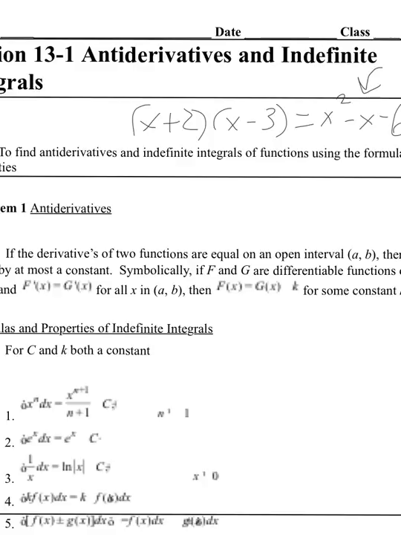It lets us go backwards to find the original function when I know what the rate of change is. Okay, so in that respect, it's kind of the same principle as FOIL and factoring. We're going to be taking that derivative and figuring out what gave us the derivative to start with.